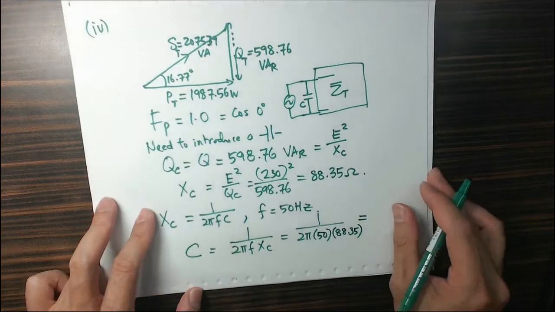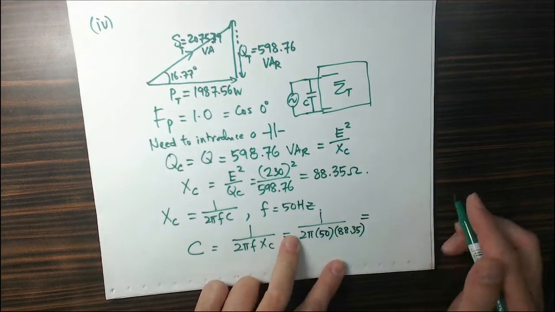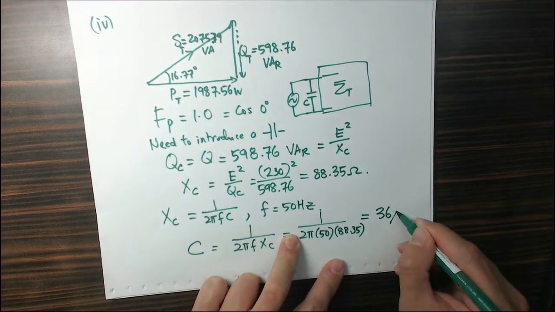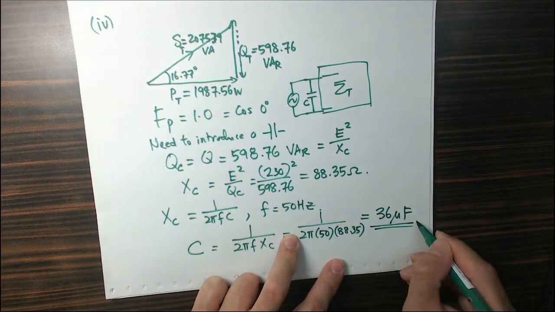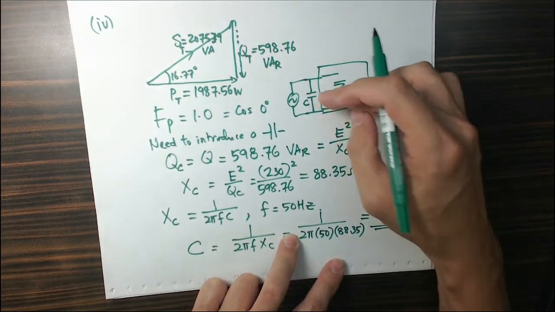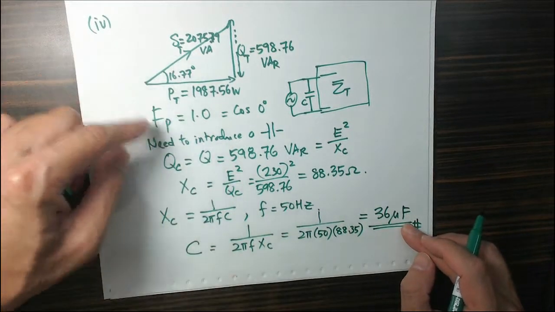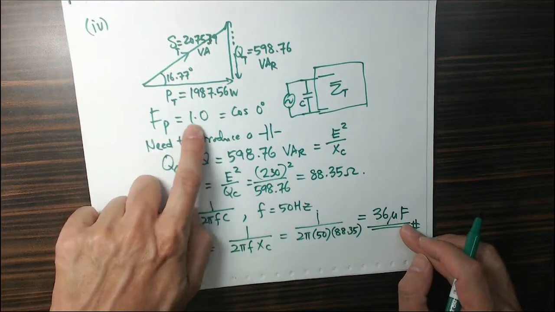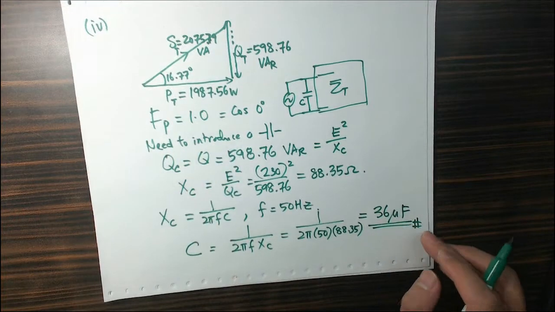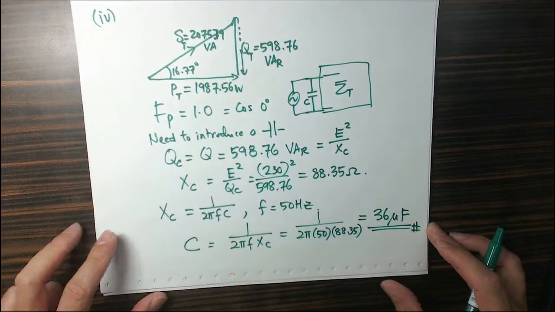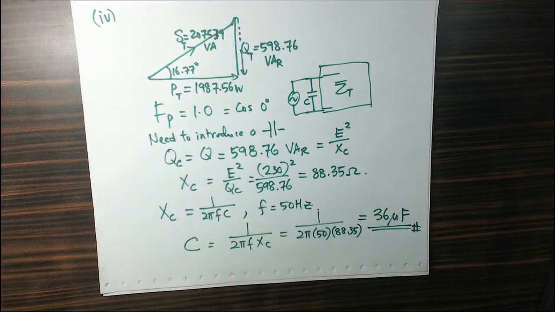Using a calculator, it gives approximately 36 microfarads. In other words, I need to put in a capacitor of this value to improve this circuit so that the power factor becomes 1. Well, that's all for this quiz. I hope you learned something today. Bye.